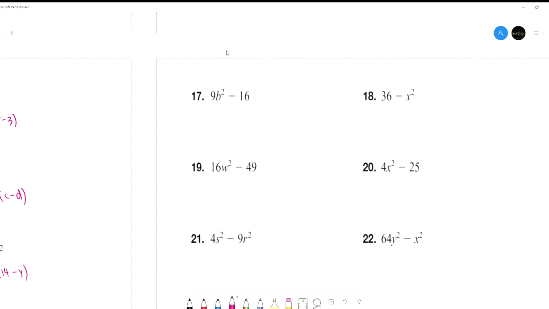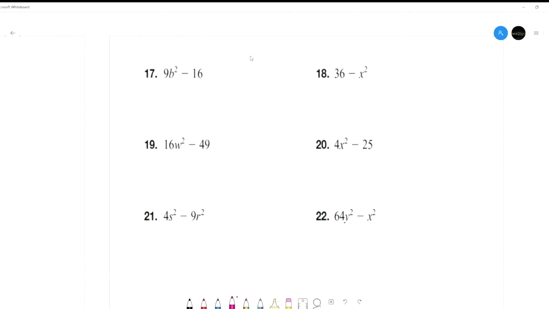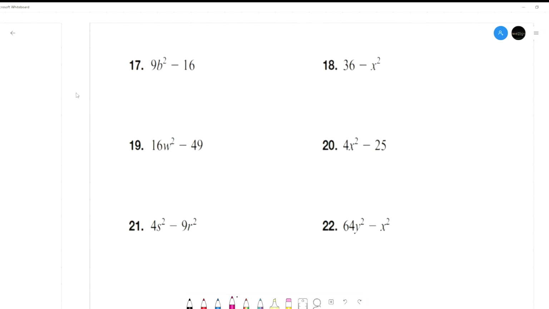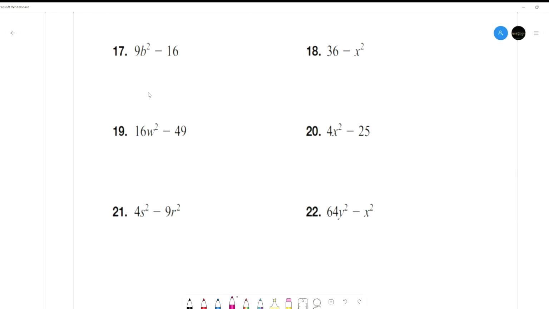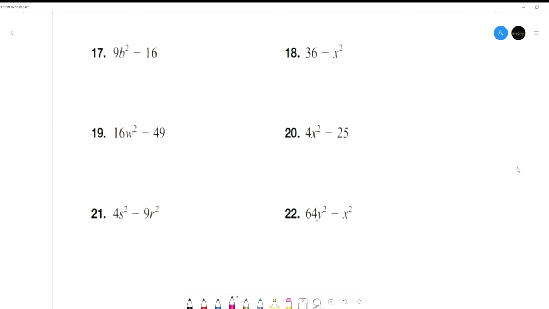Alright, let's go on to the more difficult problems. It's not that difficult though, right? Everyone should be able to do these as well. So we have 9b squared minus 16. So I'll give you a few minutes to try these. Shouldn't be too bad.